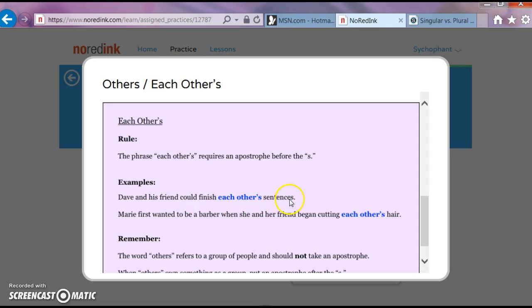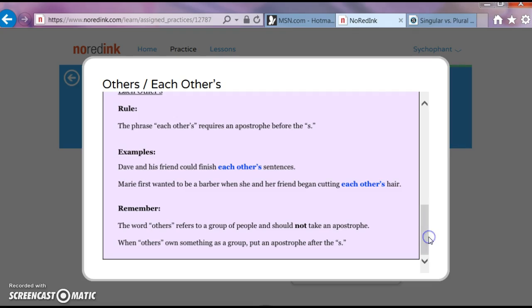Now, this is plural, and this is technically plural. But when they're referring to this, they're breaking it down and identifying each one. So now suddenly this isn't plural anymore. Each other is basically Dave and his friend. Okay? So that's the one that's tricky. That's the one that messed me up a little bit.